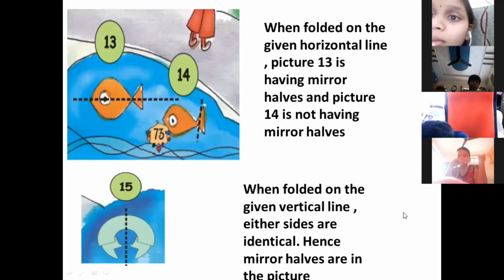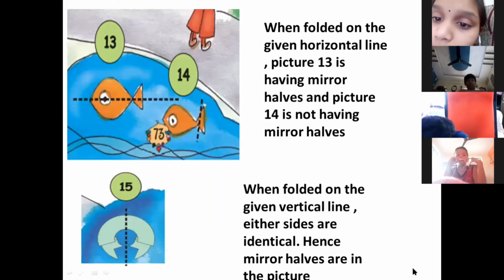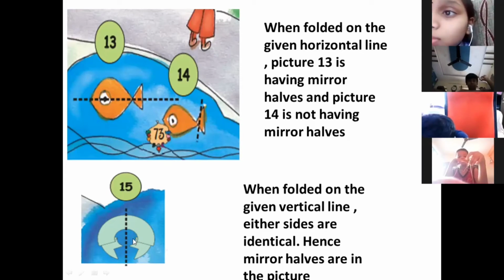The 14th one? Very good. Then what about the 15th picture? When you fold along the dotted line, we are having two identical parts. So it is having a mirror half.